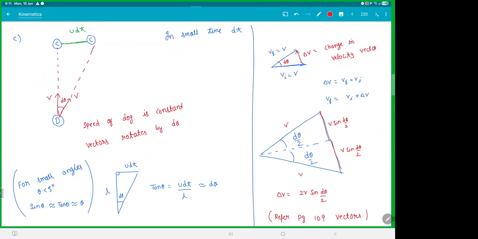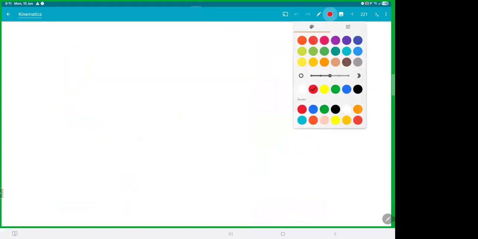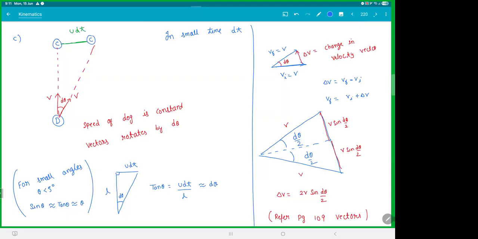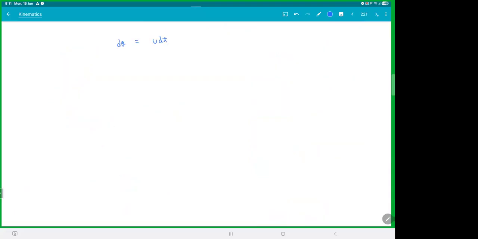Great. We got delta v. We got d theta. So d theta was u dt by L. Delta v or dv, a small change in velocity, is 2v sine theta by 2. Again, for small angles, we can write this as 2v theta by 2. The third part is a little difficult for you at this point because there are a lot of approximations.